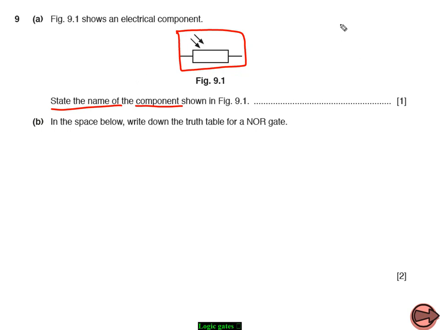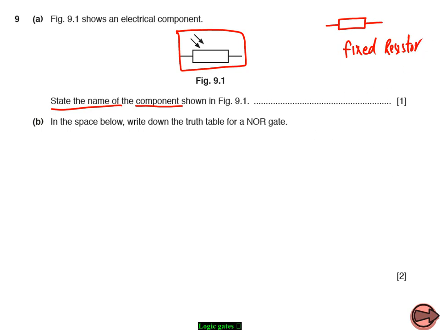In order to identify this symbol, we can break it down into two parts. The first part is this symbol, and this is a well known and very common symbol in DC circuits, and this symbol is used for a fixed resistor.